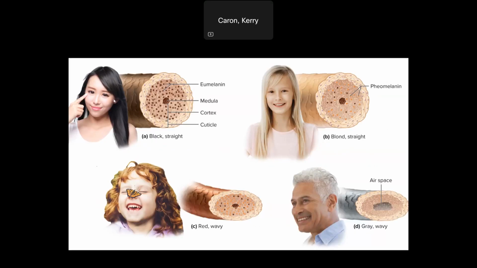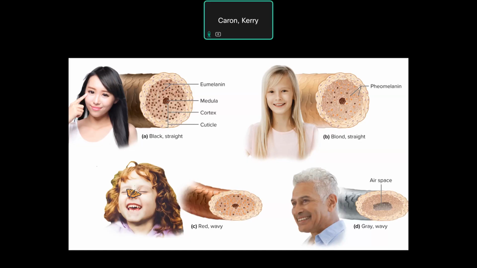So this is interesting. You've got dark hair, straight. So she would have a round shaft. See the round, okay? And producing more melanin. Blonde, probably a little less melanin, or this pheomelanin, also round because her hair is straight.